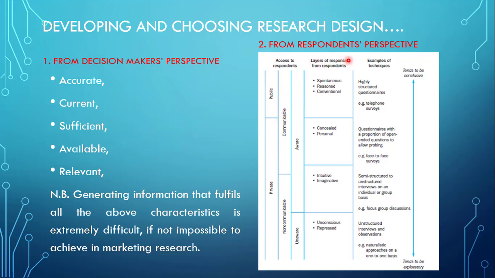And from the response side, the response might be repressed, or it might be unconscious, meaning they might not give you adequate and enough information, because they might not remember the information that you require. Or at the other extreme, it might be spontaneous. It might be easier to access the responses, the feedback.